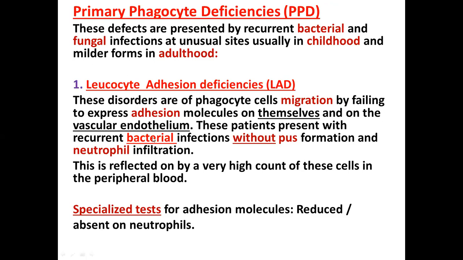If you have a bacterial infection in an area, it will be without pus because the neutrophils cannot migrate. This is reflected by a very high number of cells like neutrophils in the peripheral blood. There is a special test to detect the adhesion molecules, and these molecules are reduced or absent on the neutrophils.